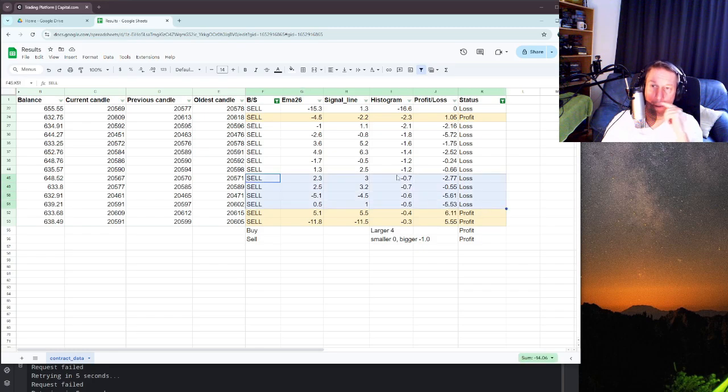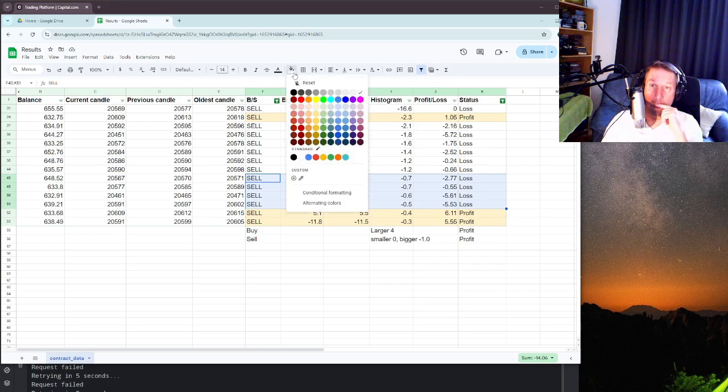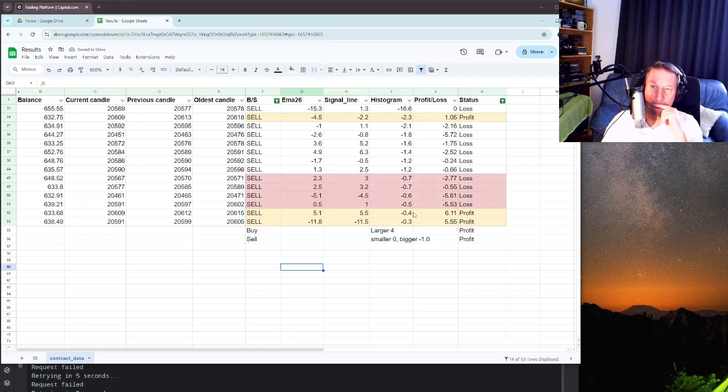This one is a loss. And it's profitable at, whoa, oh, minus 0.5. Smaller than 0, but bigger than minus 0.5 is a profitable sell.